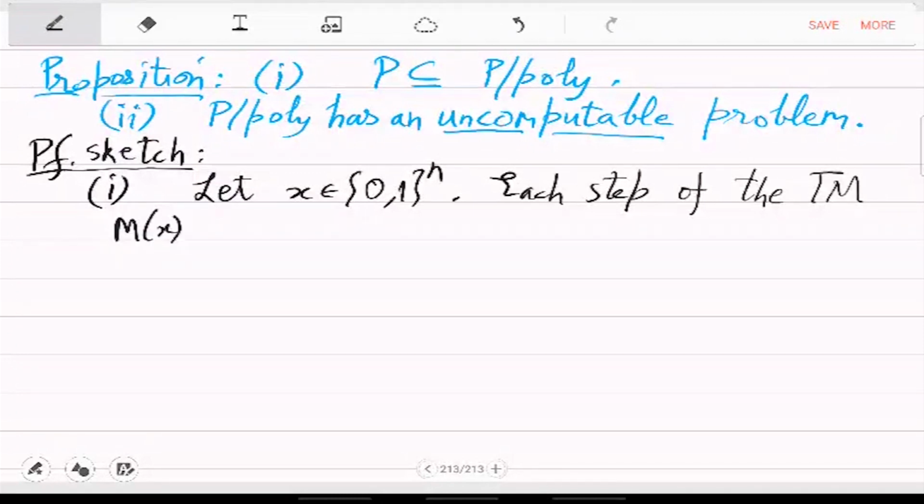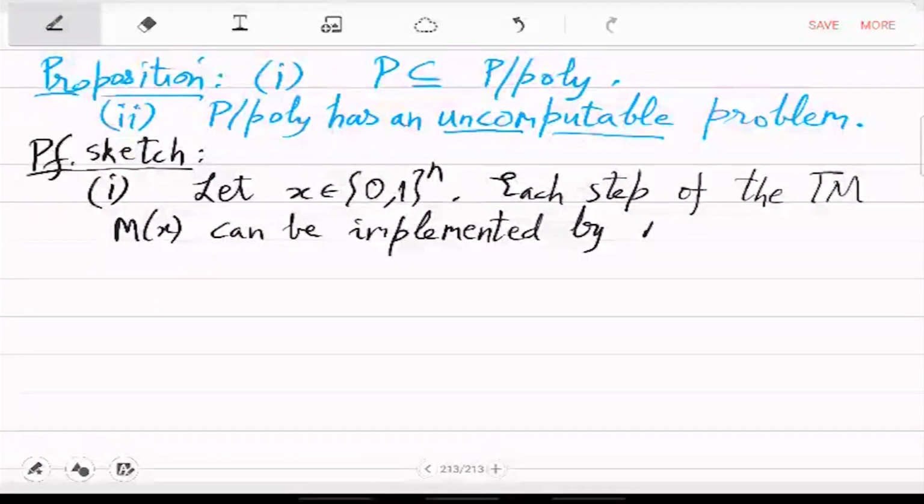It is just one bit changed and a head moving. So, that can be easily implemented by AND or NOT gates.